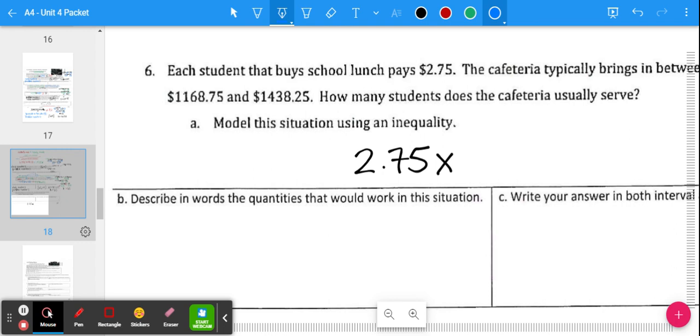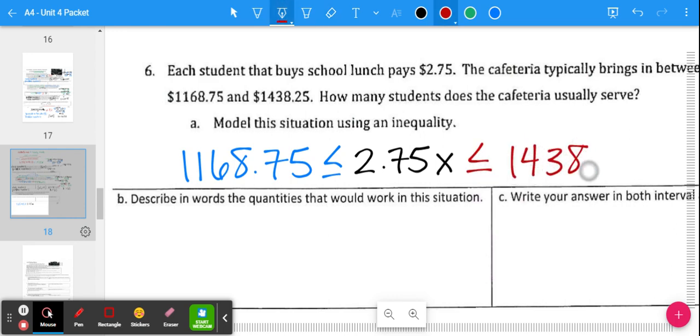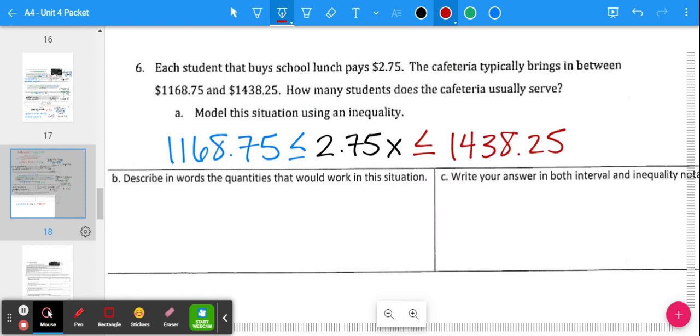Now, the lower end of the amount that they bring in is going to be $1,168.75. And the upper end is going to be $1,438.25. So we have the amount that they pay, $2.75, between that lowest value and that greatest value, almost like our inequality notation in our answers.